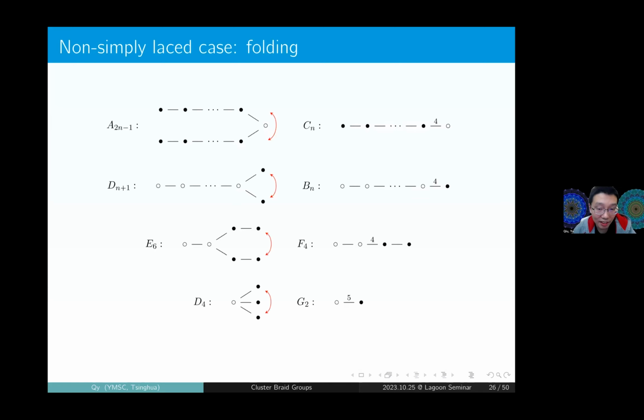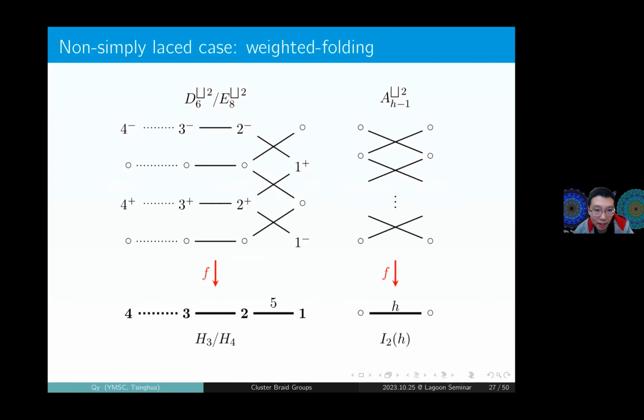Yeah. And recently, we extended this result to all other cases in the Coxeter-Dynkin diagrams. So in the non-simply laced case, BCFG, you can use folding, which is easy, but we can also use weighted folding to deal with H3, H4, and I2(H).